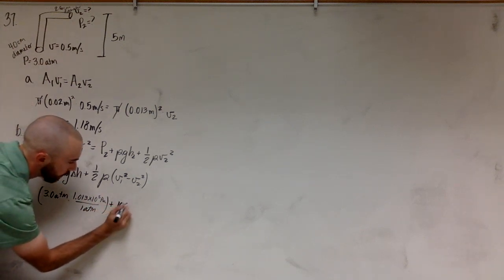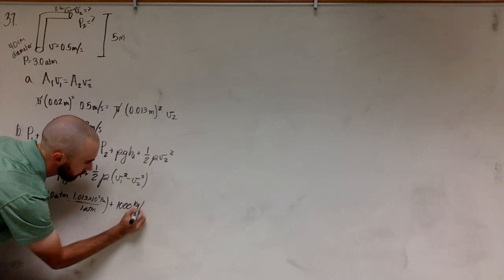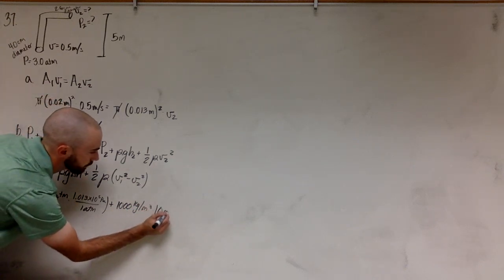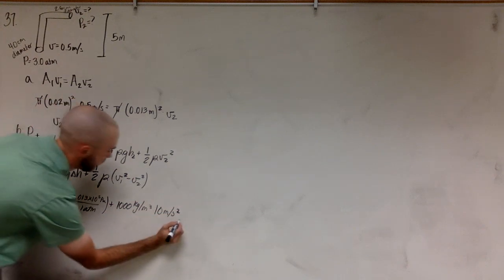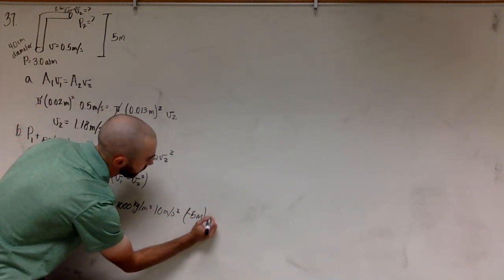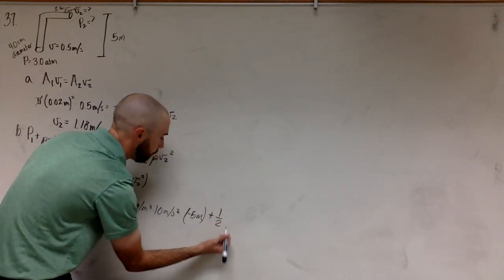And that's plus rho of water, which is 1,000 kilograms per cubic meter, times 10 meters per second squared, times negative 5 meters. All right, we're almost there.